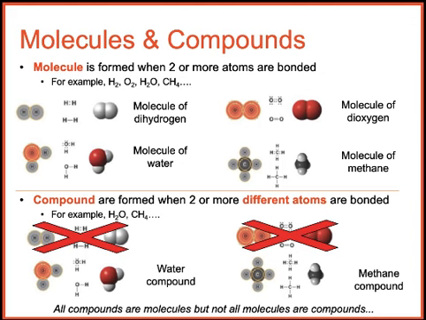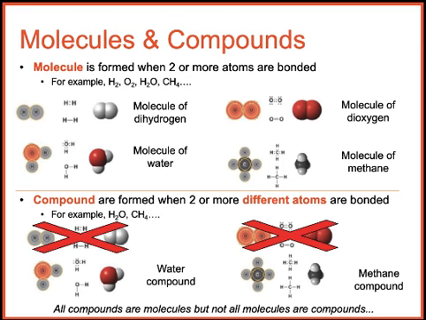Now, for compounds, compounds are a bit different. Compounds are formed, the definition is when two or more different atoms, that's the key here, different atoms are bonded together, okay? So, dihydrogen is two of the same elements, right? You have hydrogen and hydrogen, so that's not a compound.